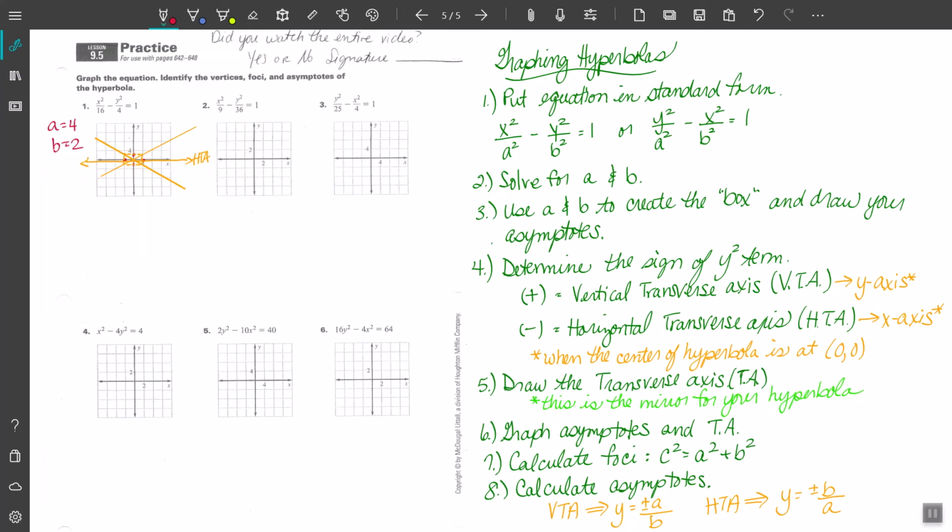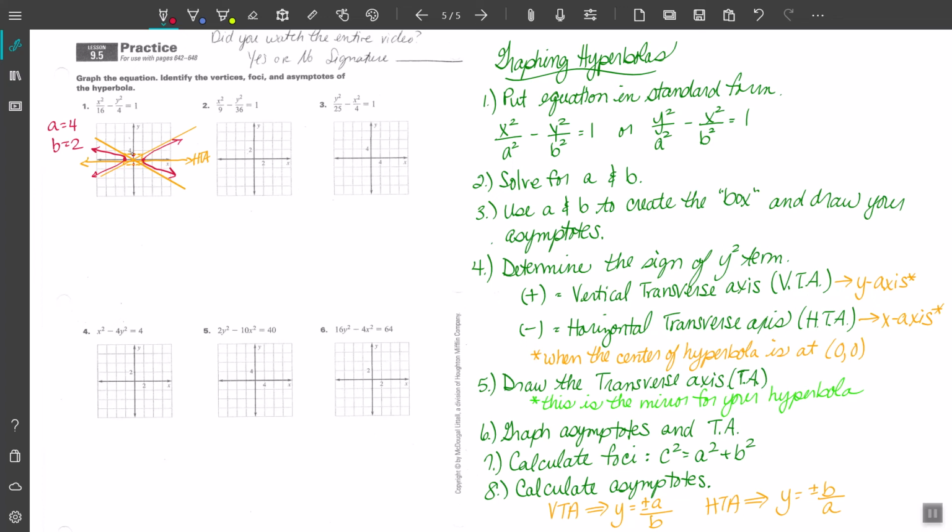All right, so I'm at step 6. Using the asymptotes and the transverse axis, I'm going to draw in my hyperbola. It's going to follow the asymptotes, it's going to kind of curve with those. I know that my vertices are these points here because I have a horizontal transverse axis, because that's my mirror.